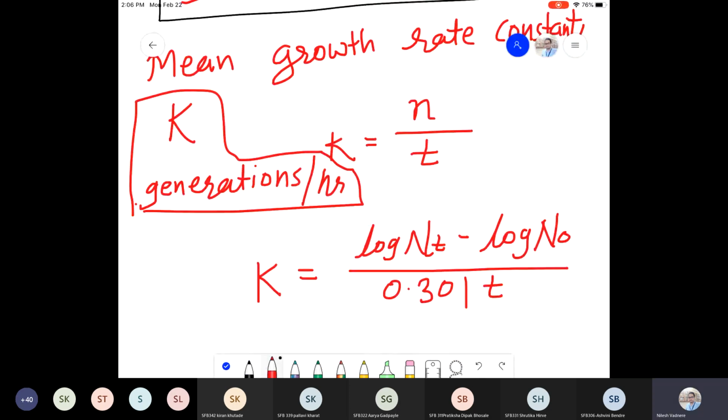So now it is completing the equation for mean growth rate constant. So mean growth rate constant k, which is also known as generations per hour, is equal to log of nt minus log of n0 divided by 0.301 into t.